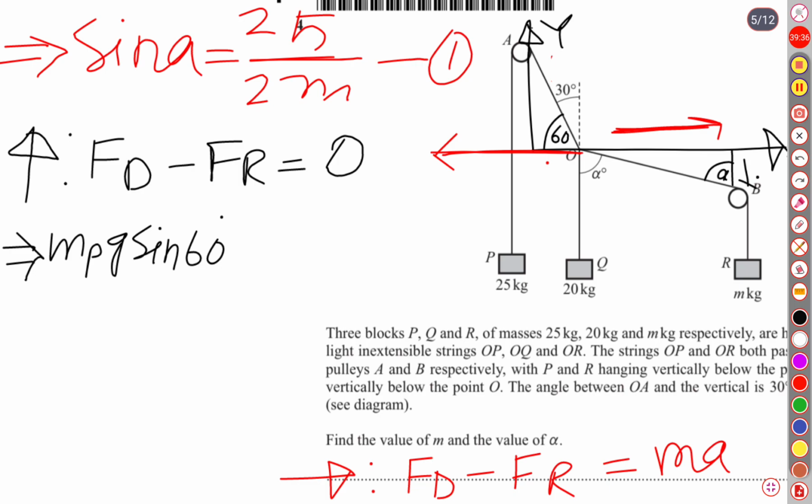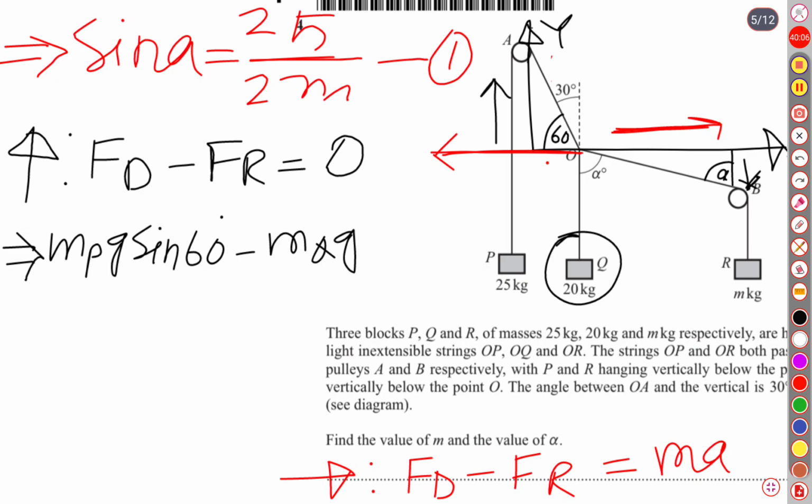What is downward? We have calculated the upper one from here. Then downward is this one: minus MQG sine 90 degree. We cannot ignore this one also, because it is also acting downward.